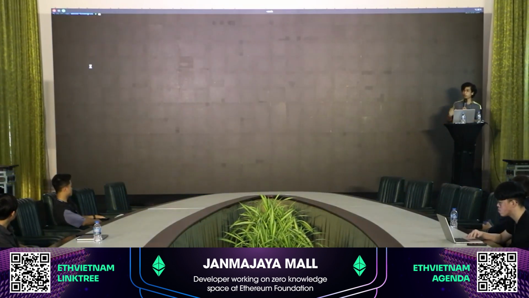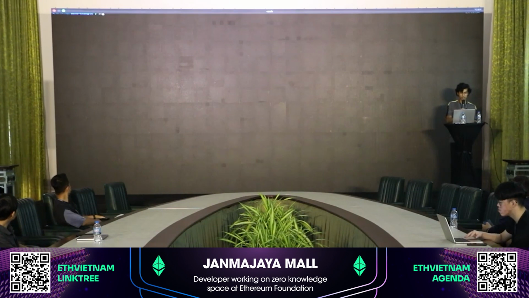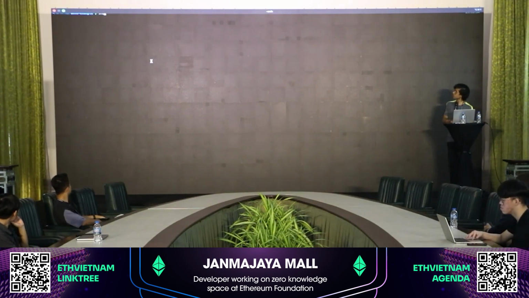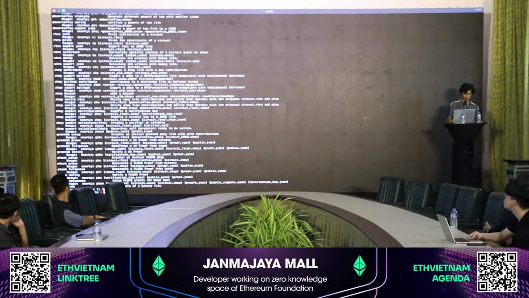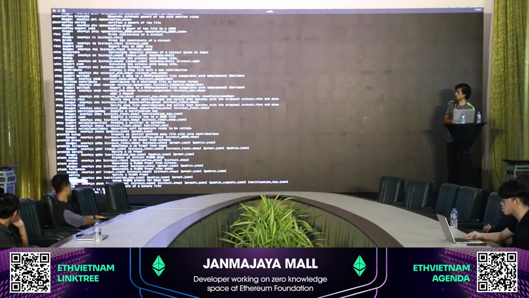First, you will have to install a forked SnarkJS, which introduces this new command. I think it's visible, right? As you can see over here, there is a new command added called plonk setup maze.